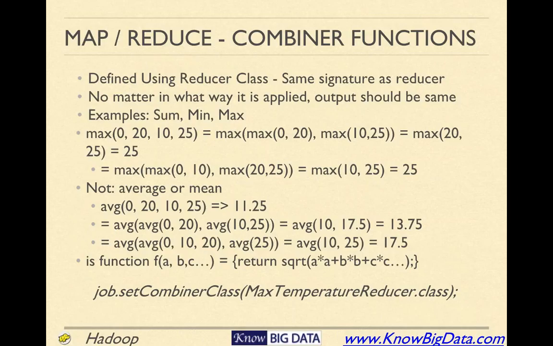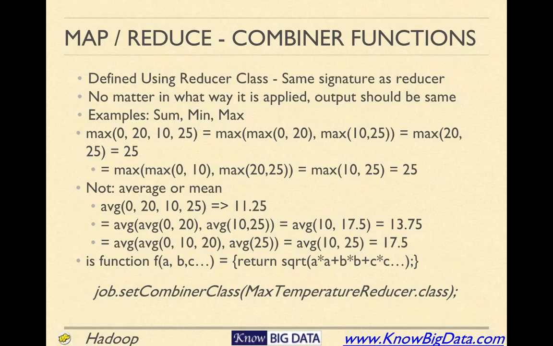Okay, let's take the case of min, max and sum. No matter how many times we apply such a function, the result is going to be the same. For example, the max of 0, 20, 10, and 25 is always 25.